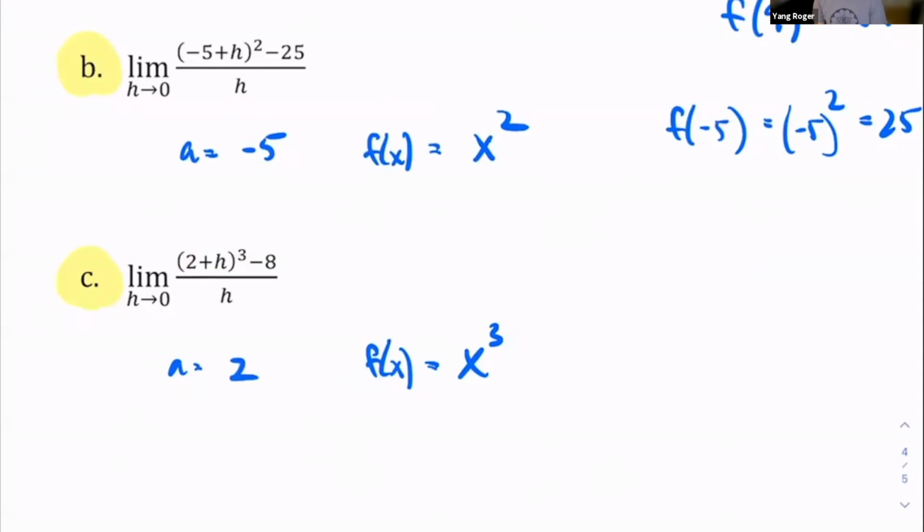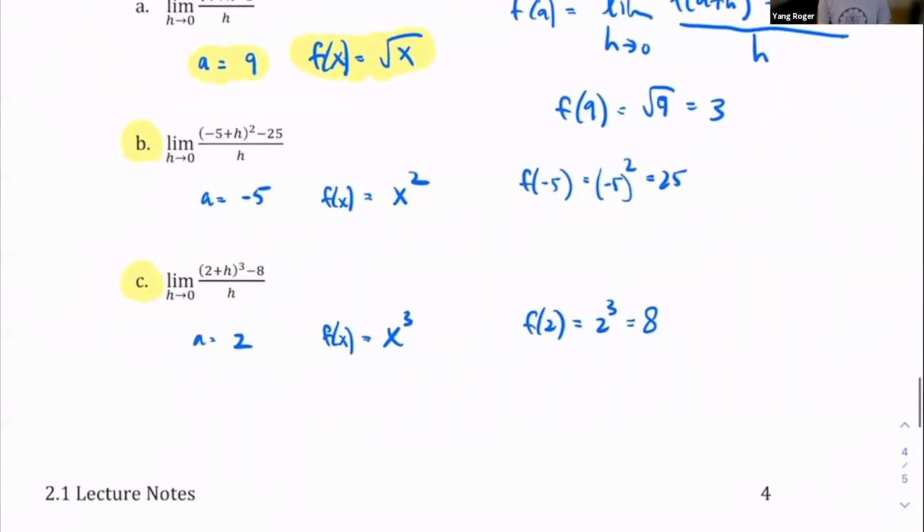And then I can check my answer by calculating f of 2. f of 2 would be 2 cubed, which is equal to 8, and that exactly matches this part here. So just using some pattern matching, I can figure out what the a plus h is, what the f is, and I can check with the f of a. So we did that for all 3 of these. Okay. All right. Perfect.